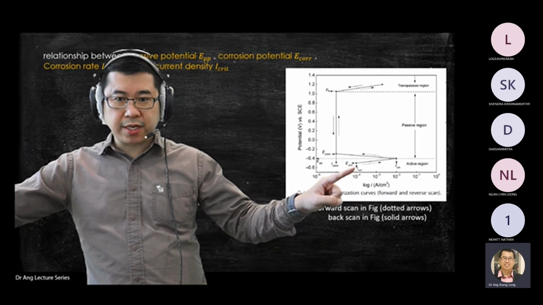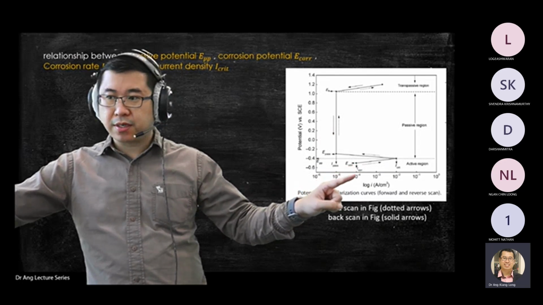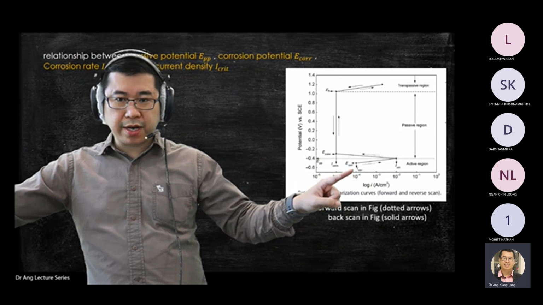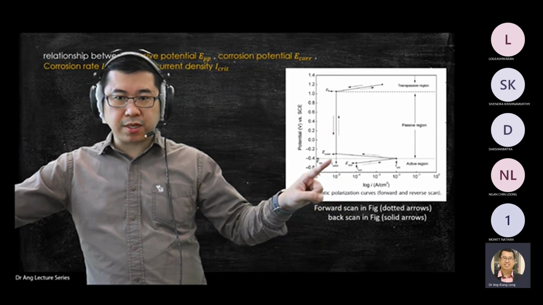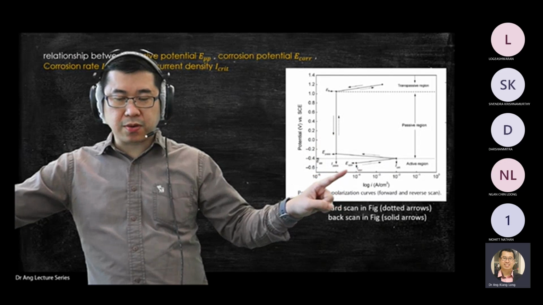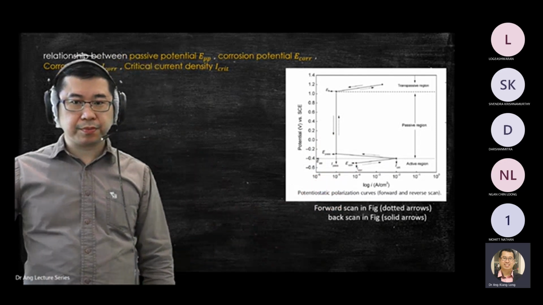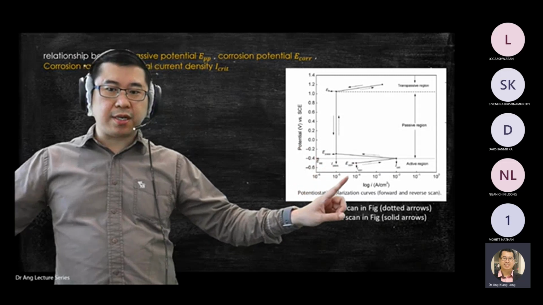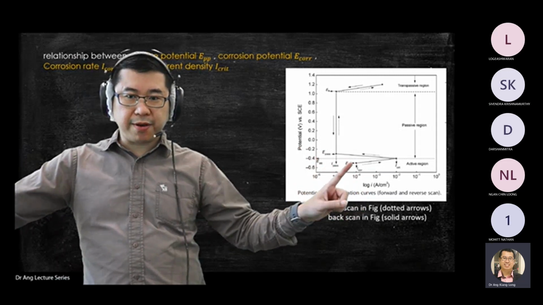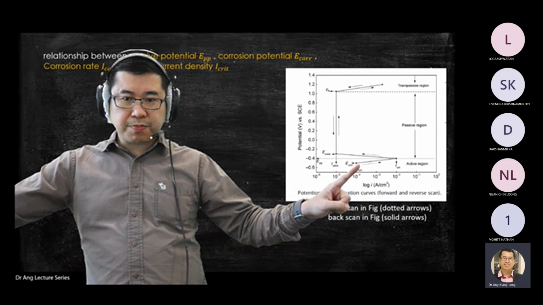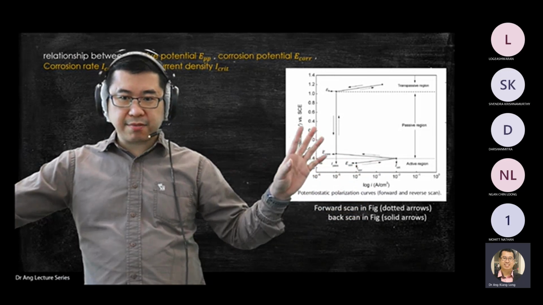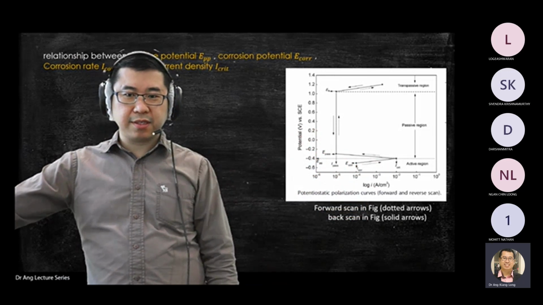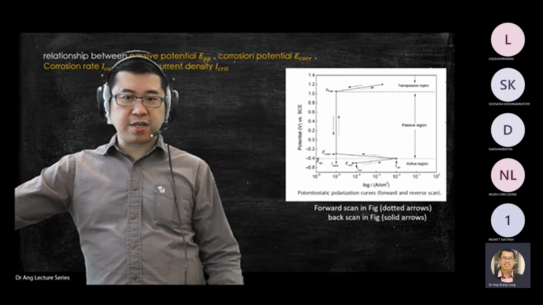Your x coordinate is your I_corr, the corrosion rate. You project to the left and you get your corrosion potential. So there are two points we are interested in, and the values of these two points are quite close.